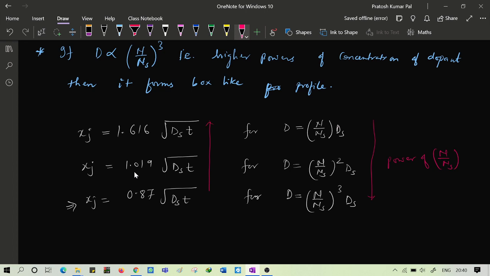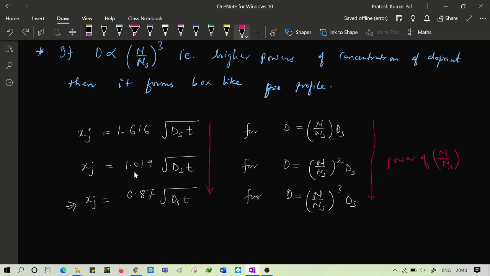So the junction depth that we get is smaller, more shallower or thinner, we can call it.